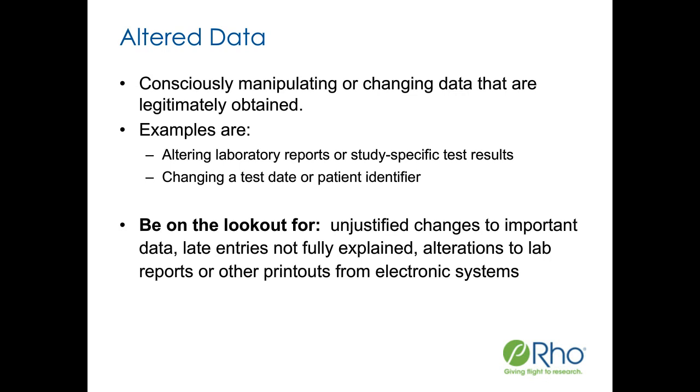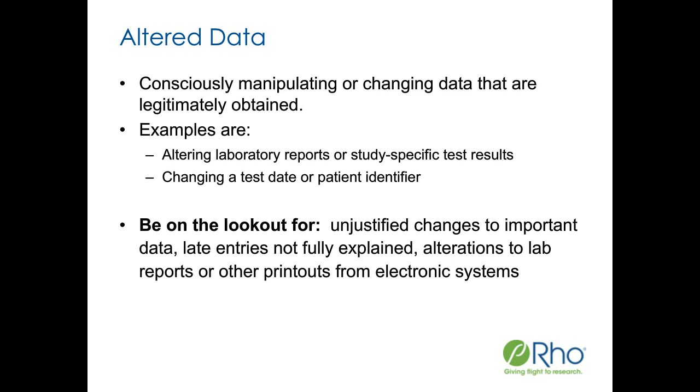So this would be a legitimately obtained report, but then falsified or altered to apply to someone else or to another date. Things to be on the lookout for: of course, unjustified changes to important data, late entries not fully explained, alterations to lab reports, or other printouts from electronic systems. And we're going to go more into methods for avoiding this or dealing with it when it is encountered.